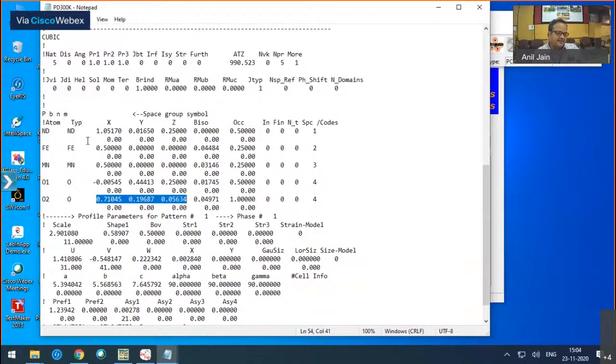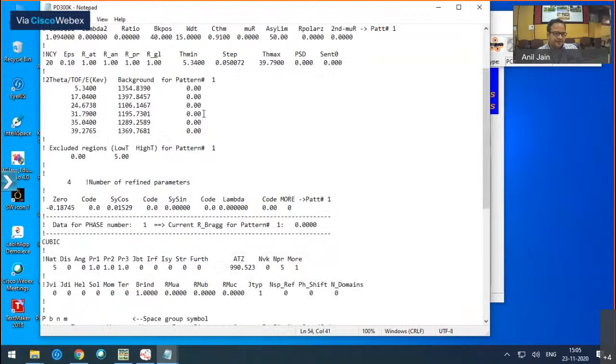And similarly, manganese, if I multiply by 2, becomes 0.5. Oxygen 1 becomes 1. And oxygen 2, if I multiply by 2, becomes 2. So then the formula unit translates to NdFe0.5Mn0.5O3.